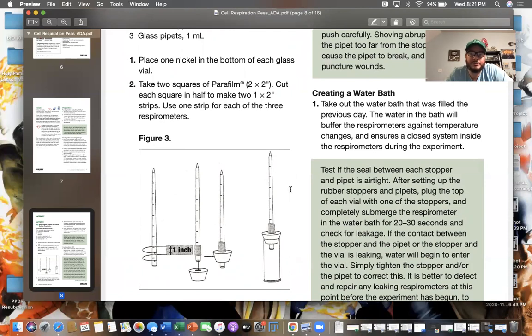All right, so take 2 squares of parafilm, cut each square in half to make a 1x2 strip. Use 1 strip for each of the 3 respirometers. The nice thing with parafilm is they have lines denoting the squares, so we're just going to cut them in half.